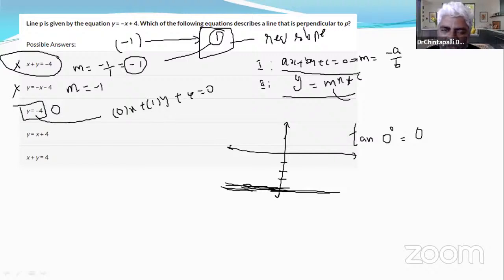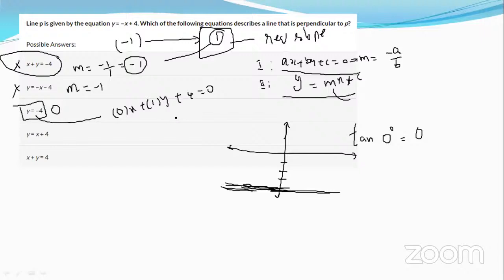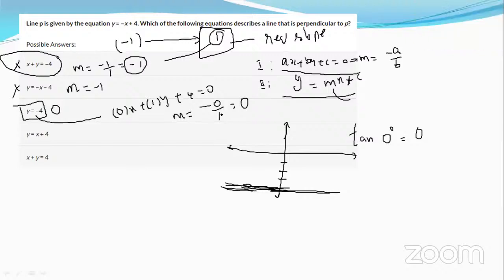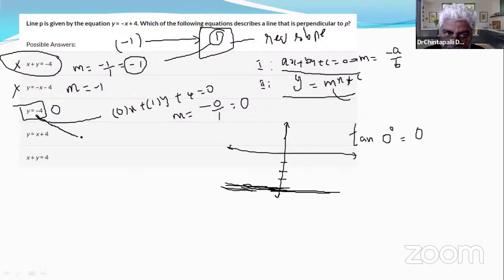Agree? The same can be expressed in the first format. If we use the first format, its slope m is equal to negative x coefficient by y coefficient. Negative x coefficient is 0 and y coefficient is 1. Negative 0 by 1 is equal to 0 only. Got it?